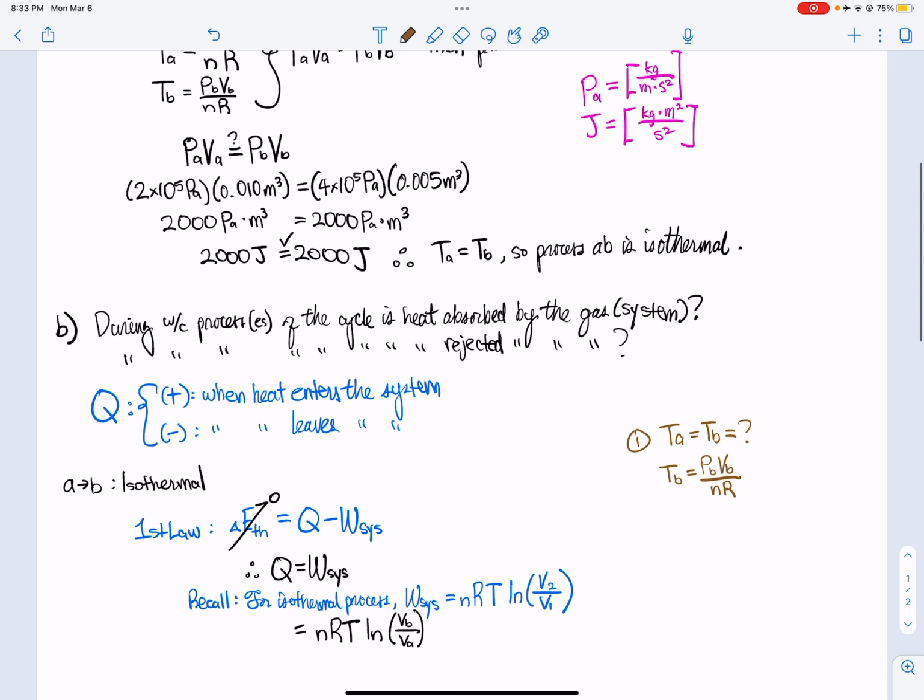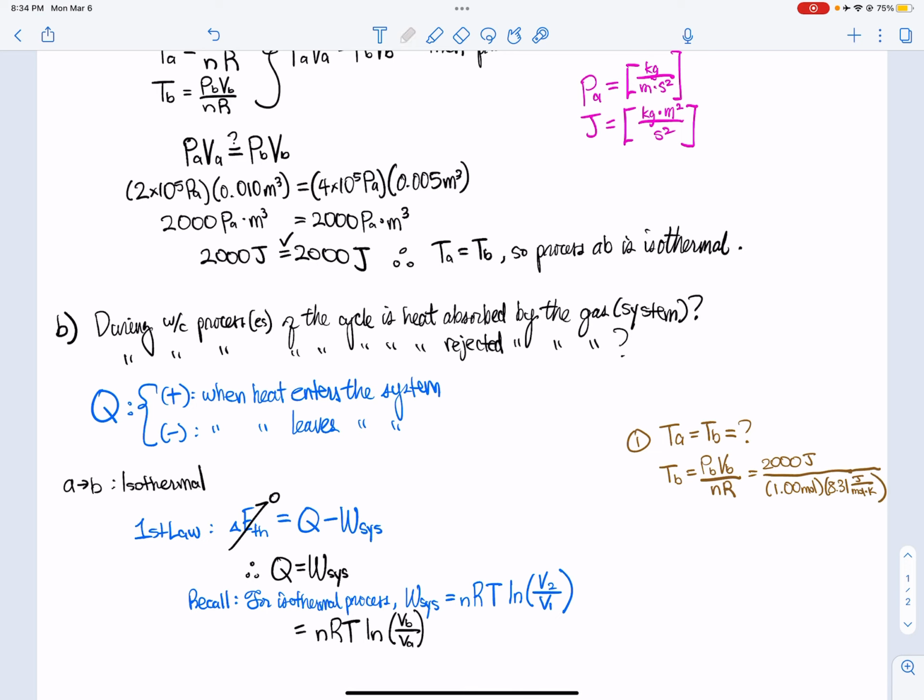And we said that PBVB was equal to 2000 joules divided by n, which the problem said was 1 mole, and R, which is a constant that everybody should know or have in your cheat sheet, that's 8.31 joules per mole times Kelvin, right?